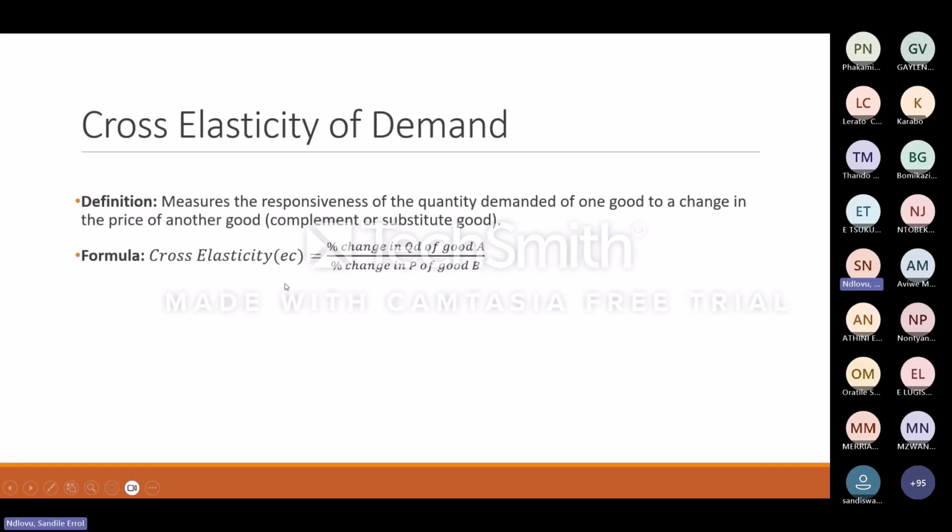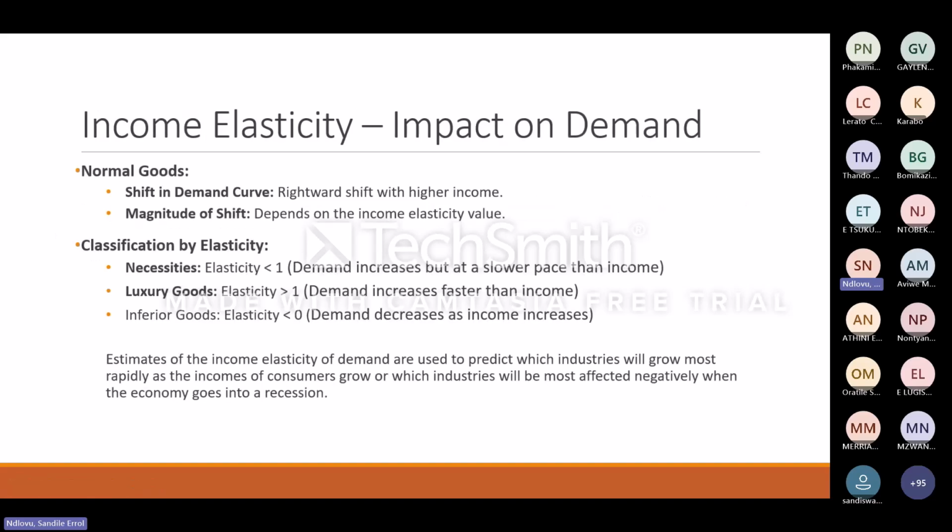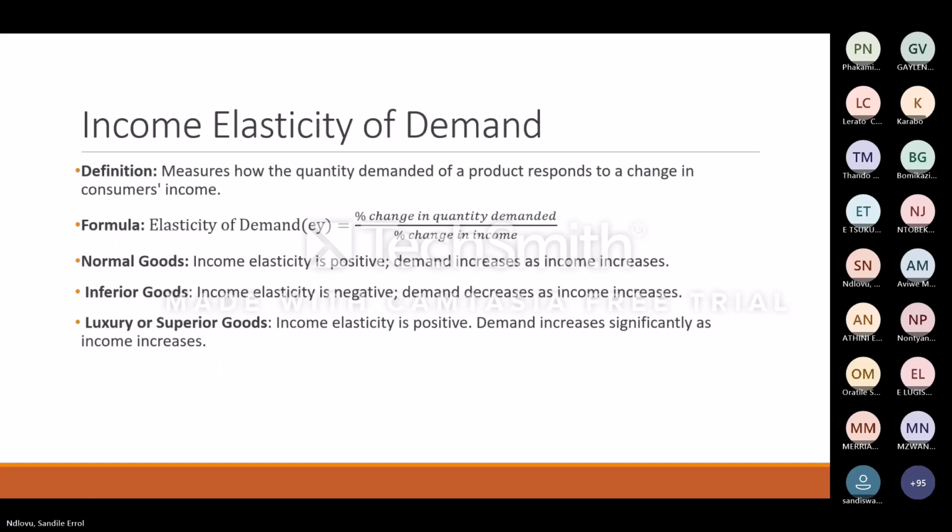And remember, I also touched on this in the previous slides. So the formula for cross elasticity, take note, cross elasticity, because now we are looking at the prices of complement and substitute goods. Here it's supposed to be income, right?